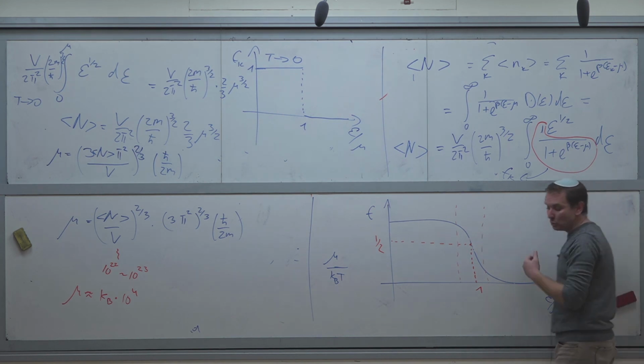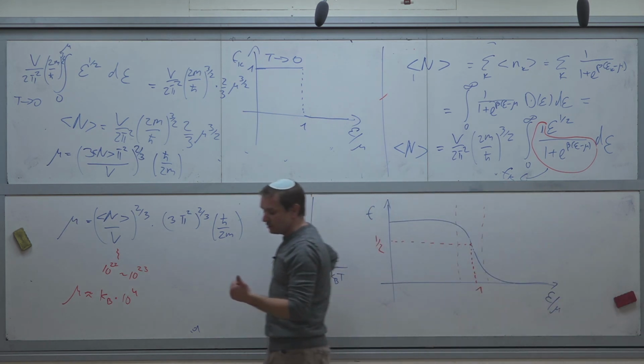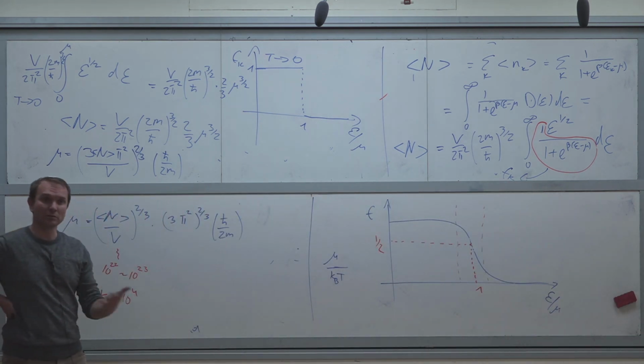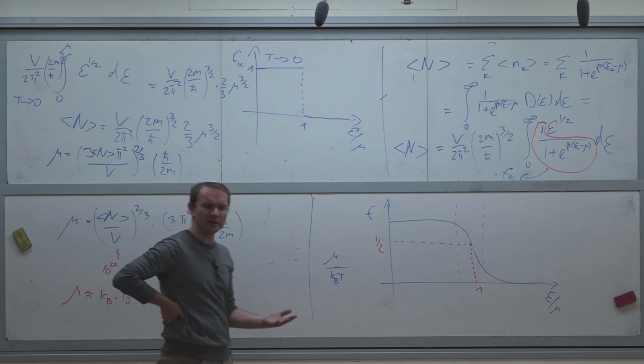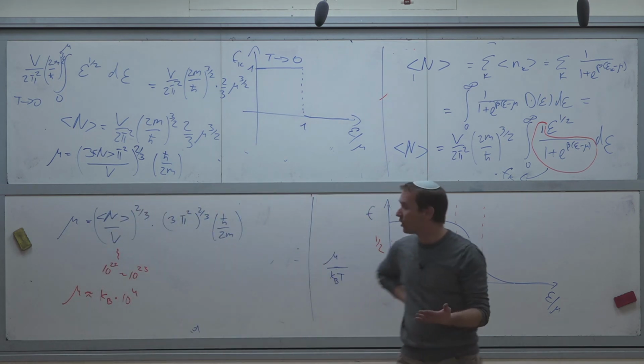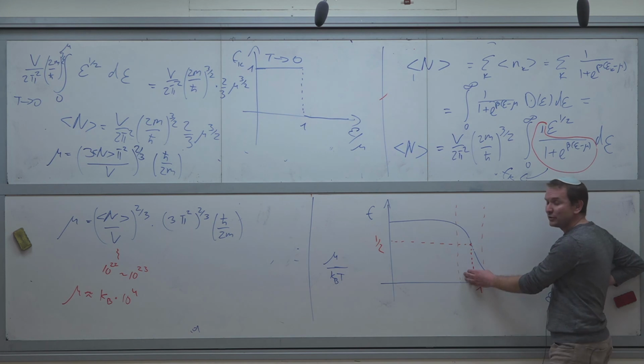So what we can now state is that the electrons that are doing something, participating in conduction, are only electrons that are near the Fermi energy. The Fermi energy is extremely large, so the kinetic energy of those electrons is extremely large.